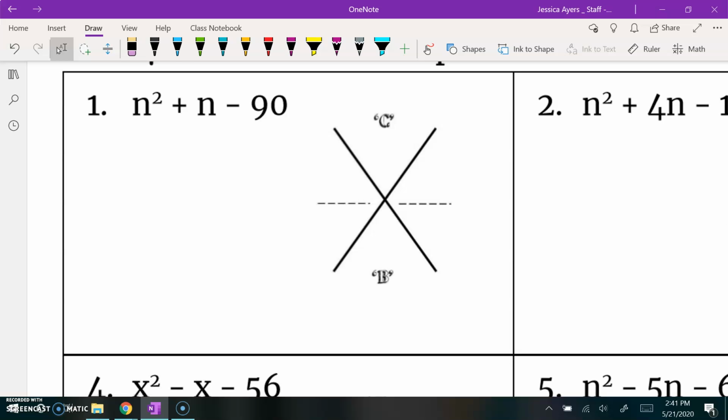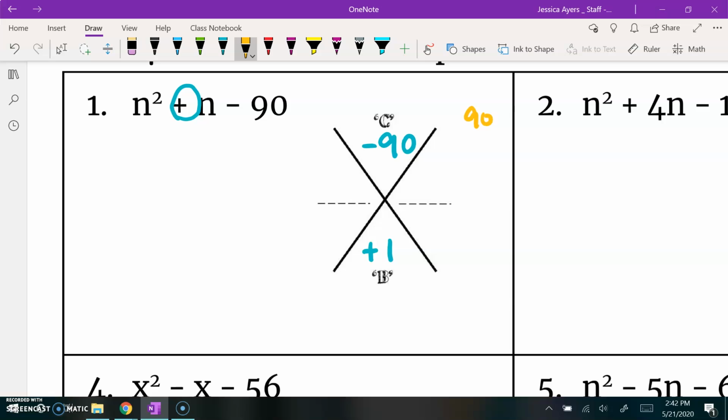Our c value is negative 90, so it'll go on top. Our b value is positive 1, so it'll go on bottom. Remember, if there's nothing in front of a variable, it's understood to be 1. Then you're going to think about your factors of 90.